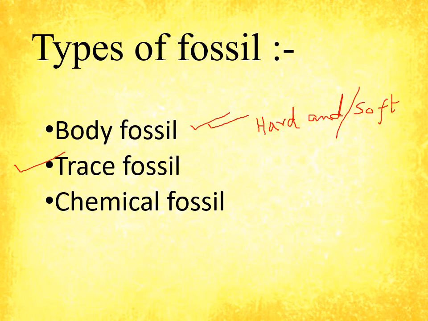Say, for example, the footprints of any living being running over any soft sediment, and after they ran away, those footprints are preserved in the sediments, and in due course, in the latter time when those footprints are discovered in the rock record, it indicates that certain kinds of animals ran over this sedimentary horizon.